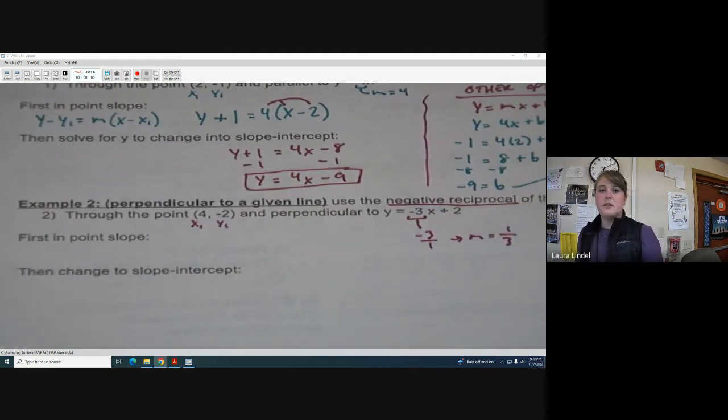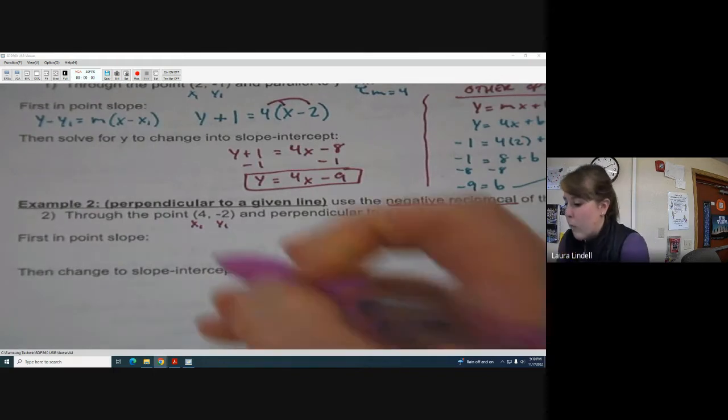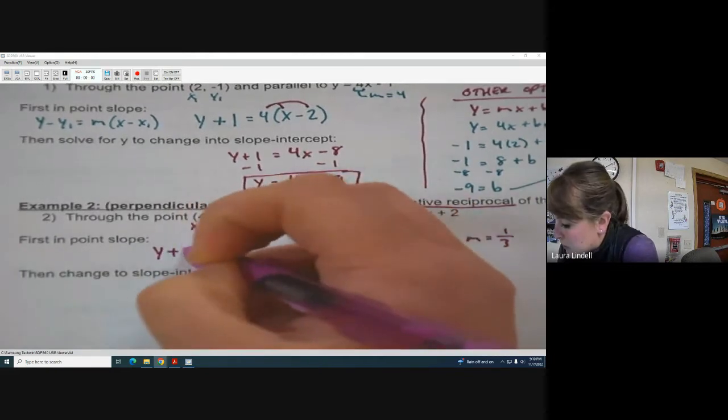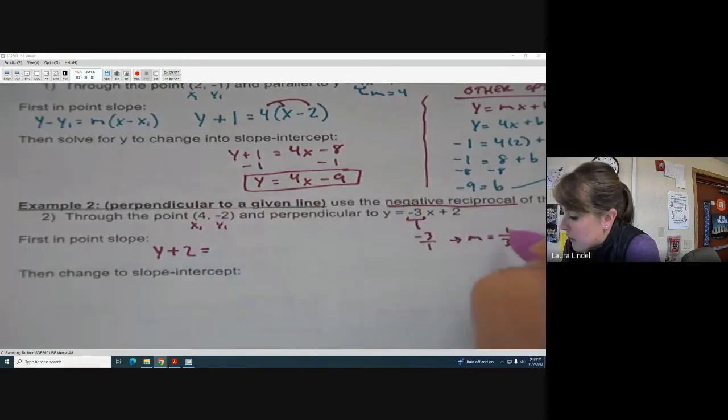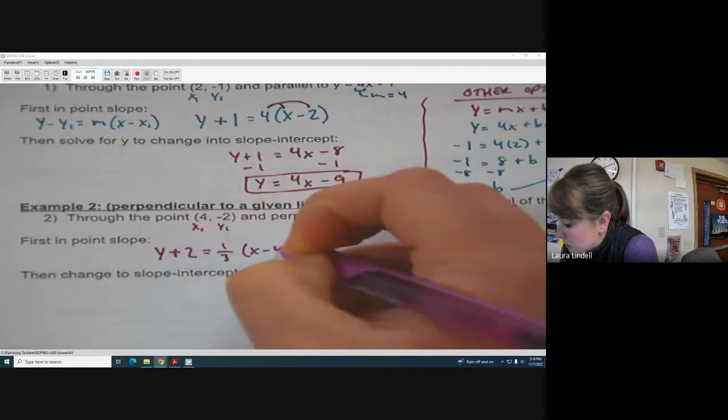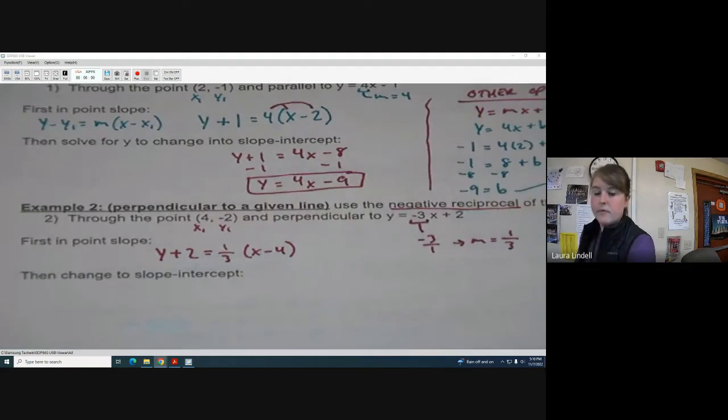Okay, so if I go and write this first in point slope form, we have y minus y1. So minus -2 is like +2. And then we have 1/3 times x minus 4.